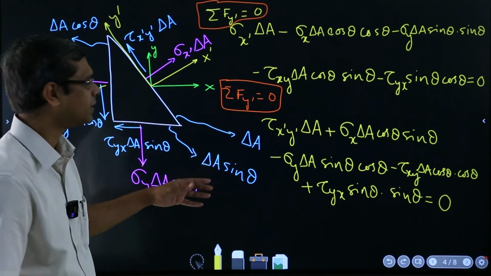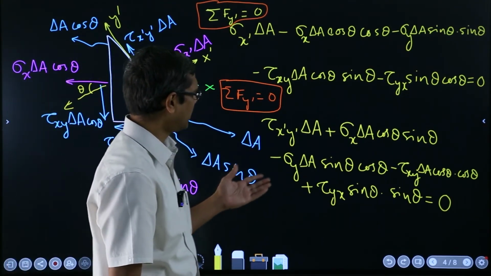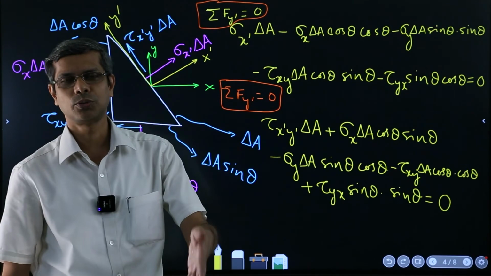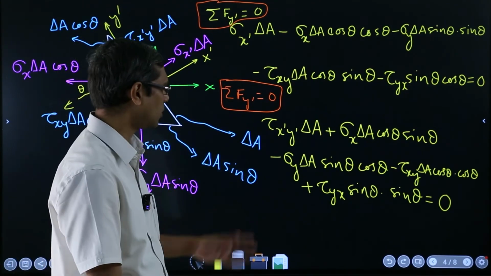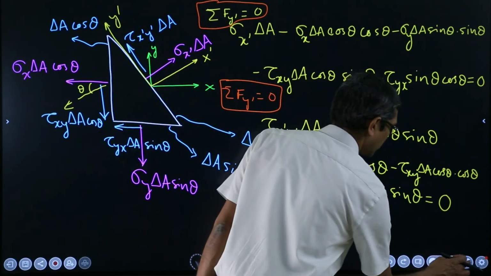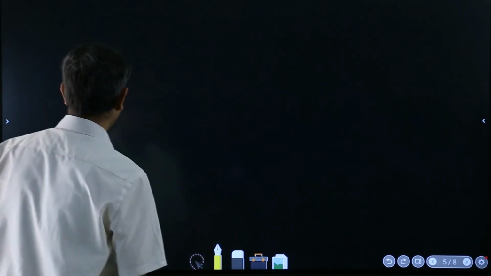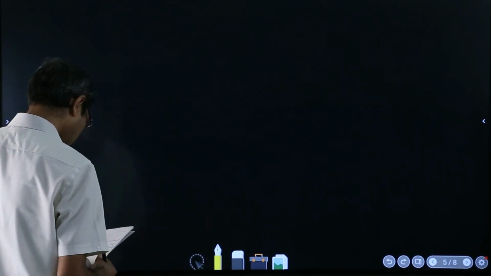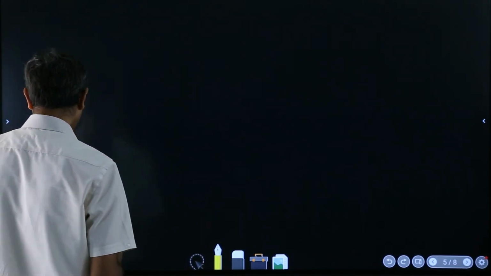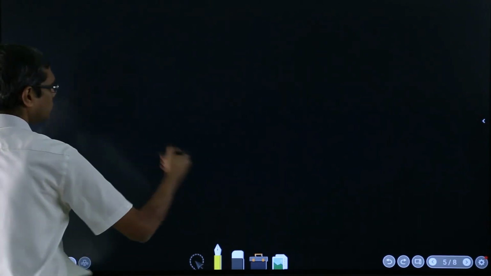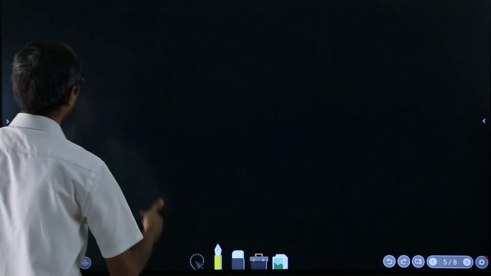just use the identities of trigonometry of cosine 2 theta, sine 2 theta and all those things, and you will come up with these beautiful expressions after simplification, which I will just write down. You can fill in those details, they are not very complex.